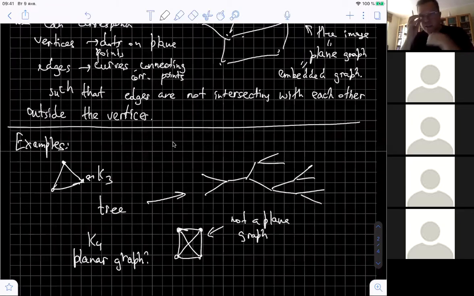It's not a planar graph since the edges intersect. Yeah, but maybe we can draw another picture where the edges do not intersect each other.